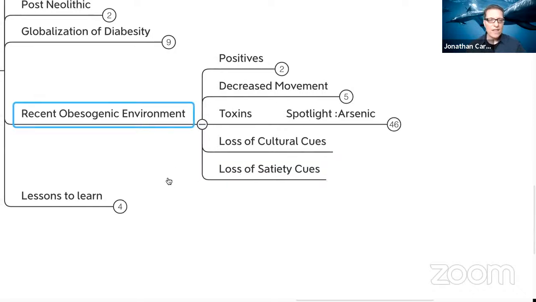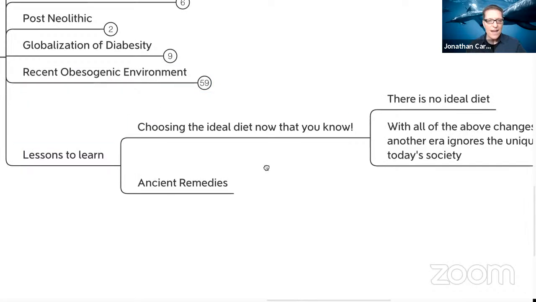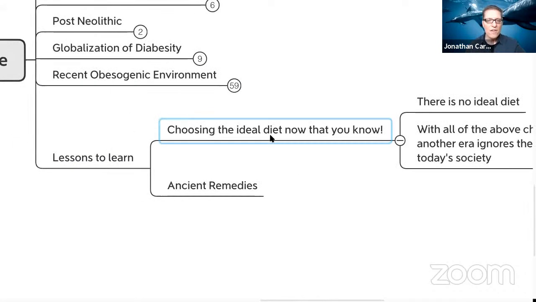So what are the general lessons to learn here? I think that now all of you should realize that there are good reasons why some people think you should be focusing on a paleo-like diet, but we haven't addressed all the things that we just spoke about: toxins, loss of cues, all of these sorts of things that are new, loss of movement.